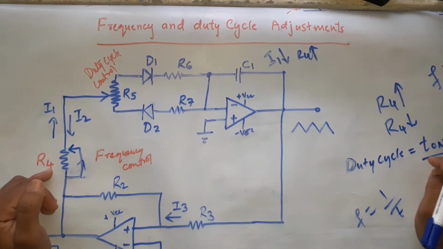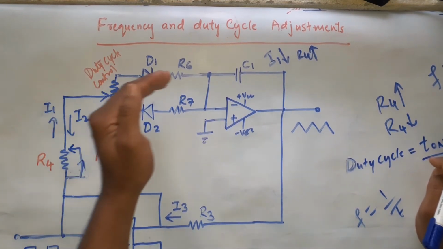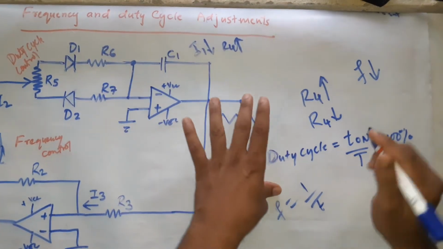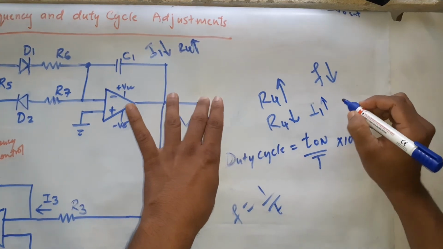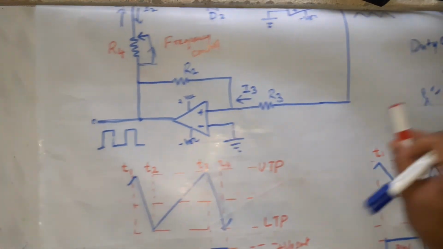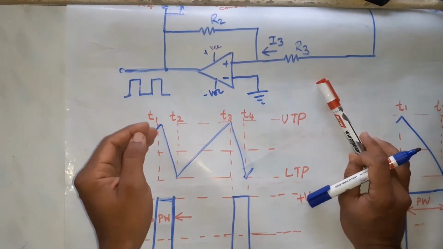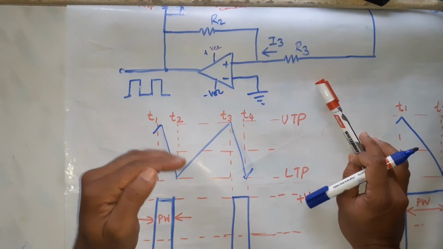With decrease in resistance, the current has to increase. When the current increases, this current goes and charges your capacitor, right? So the charging becomes very fast. For this set of waveforms you need to refer, as resistance decreased, current has been increased.